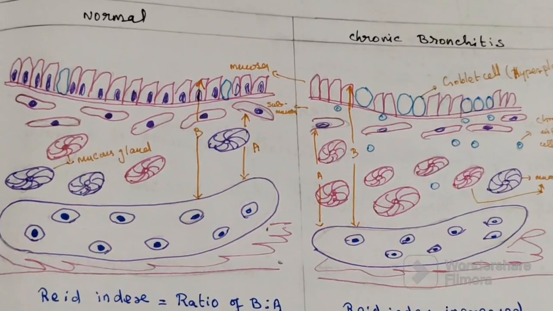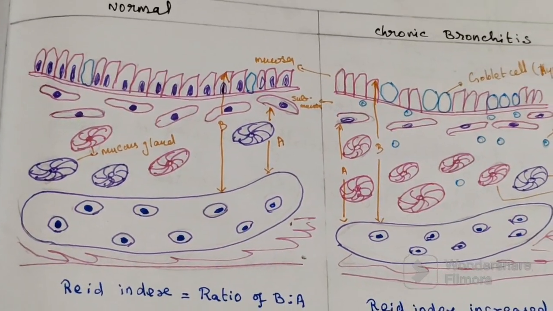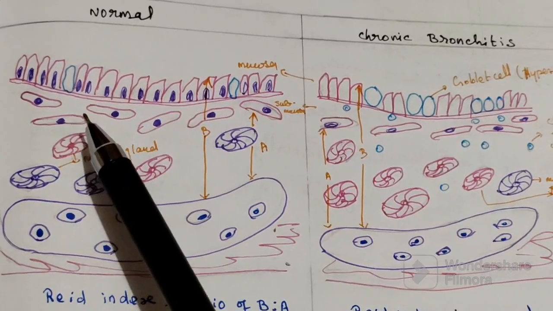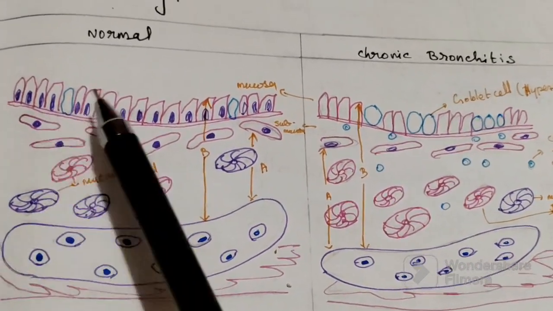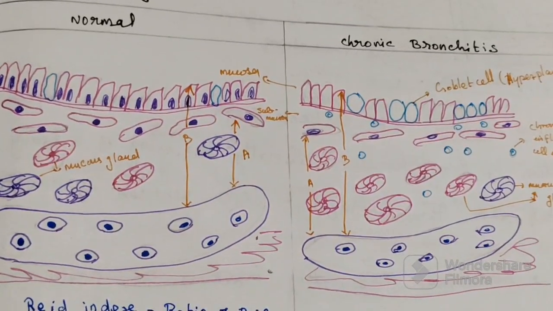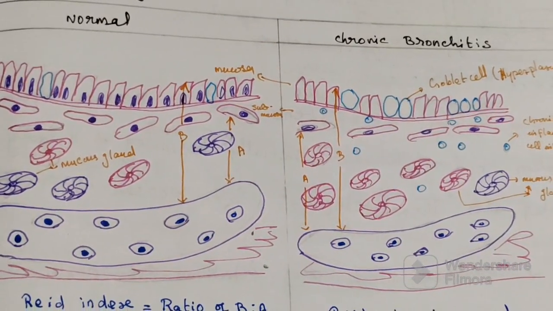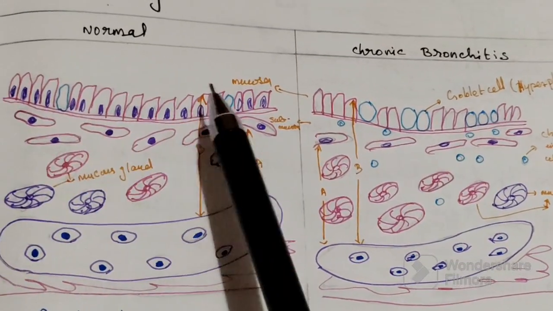In the normal, the lining is pseudostratified ciliated columnar epithelium, but some cells are goblet cells.